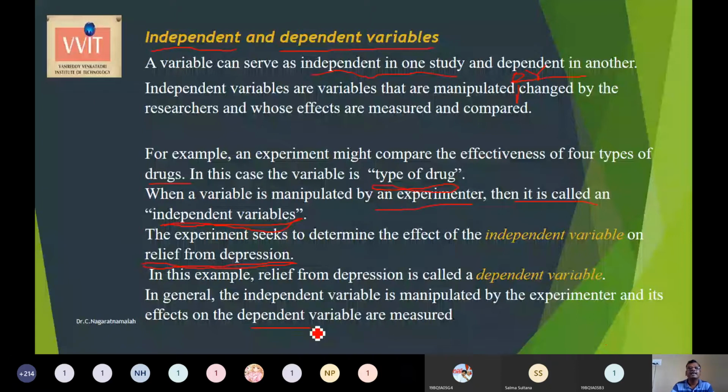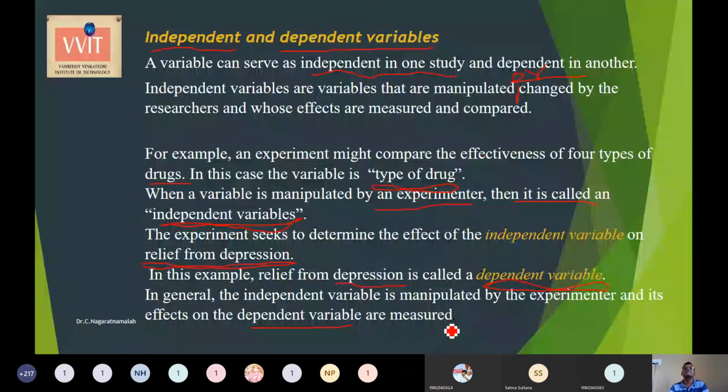In this example, relief from depression is called the dependent variable. In general, the independent variable is manipulated by the experimenter and its effects on the dependent variable are measured.